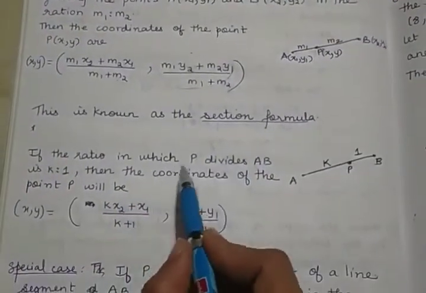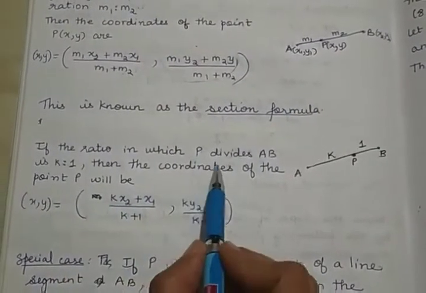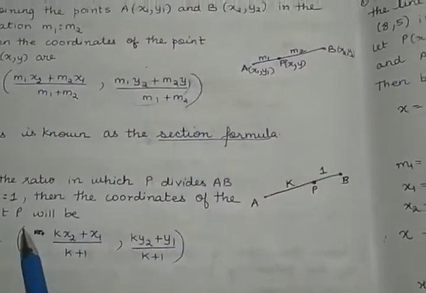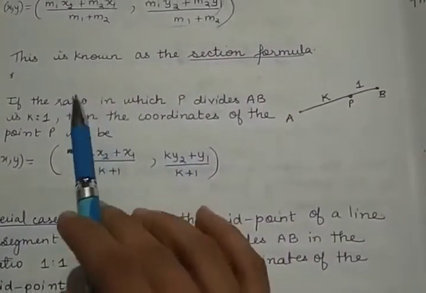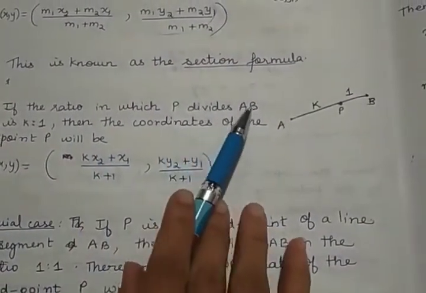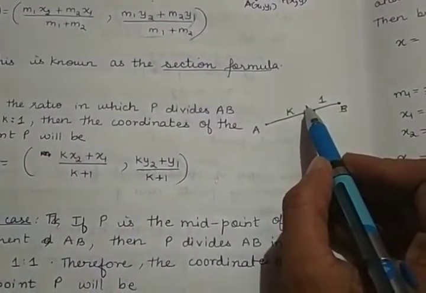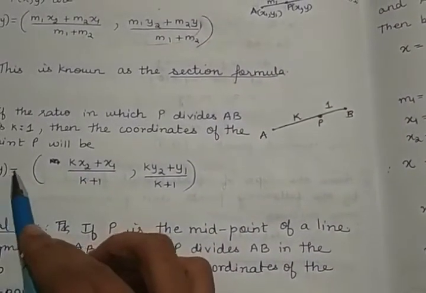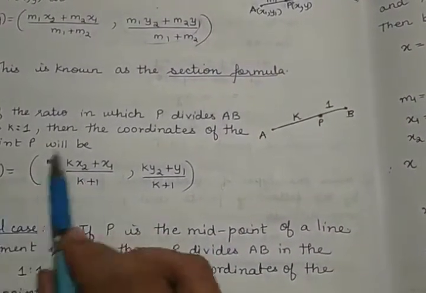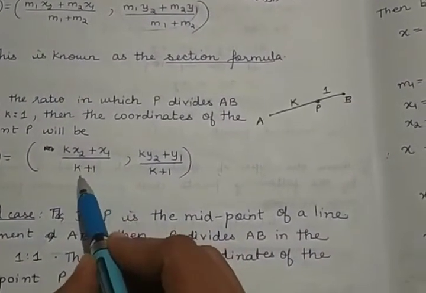Suppose the ratio in which P divides AB is k:1. Then the coordinates of the point (x, y) will be (k x2 + x1) upon (k + 1).